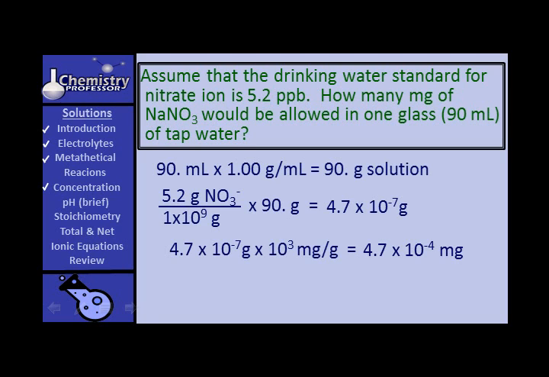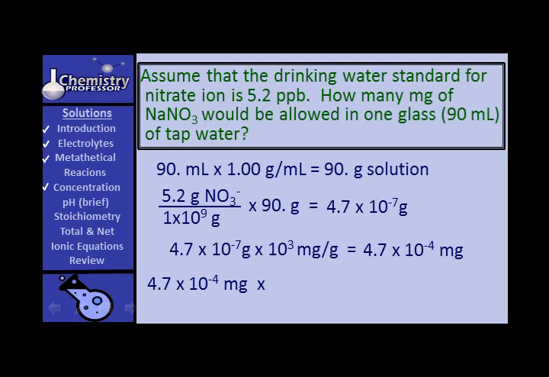Now we go through and we do the first part just like we did before. And in so doing, we come out that we are allowed to have 4.7 times 10 to the negative fourth milligrams of nitrate ion per 90 milliliters of tap water. But let's find out how much sodium nitrate would be allowed in those circumstances.